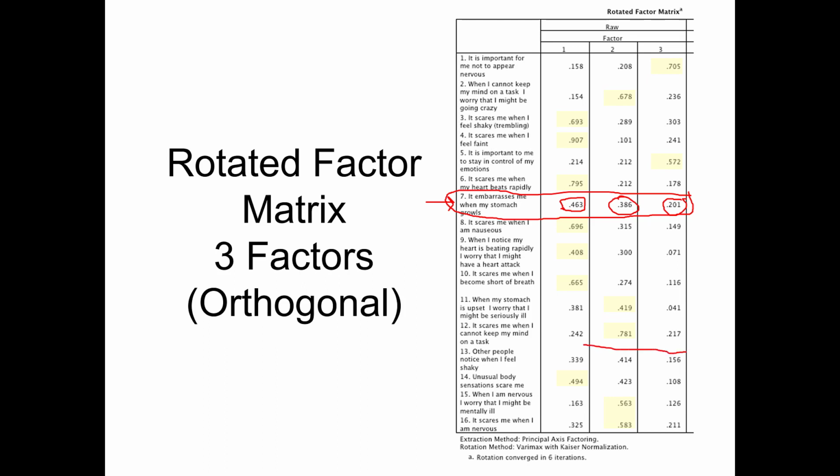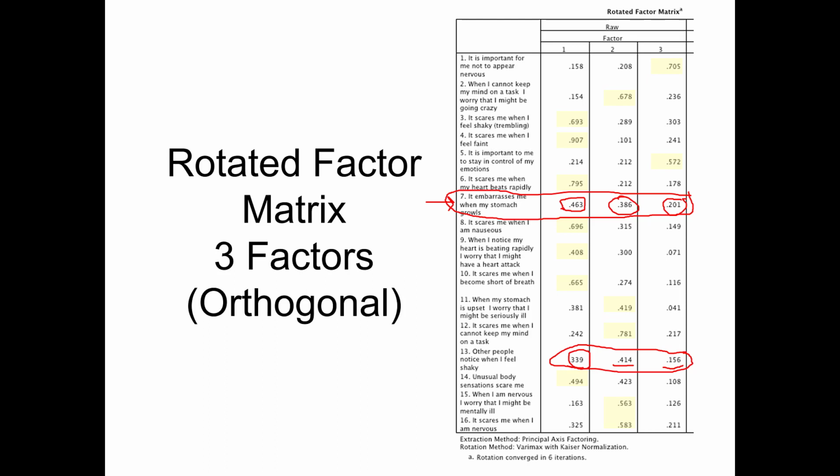Similarly, we've got this other item down here: other people notice when I feel shaky. You would think that this would load highly on the social factor, but it's not doing that, and this is real data. Maybe it's the way it's worded; it's not about caring if other people notice, it's just that other people notice I feel shaky. But it loads on this, and somewhat loads on this.